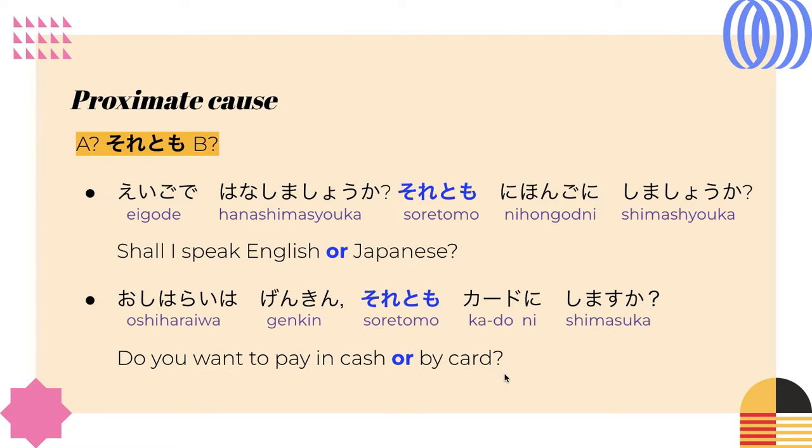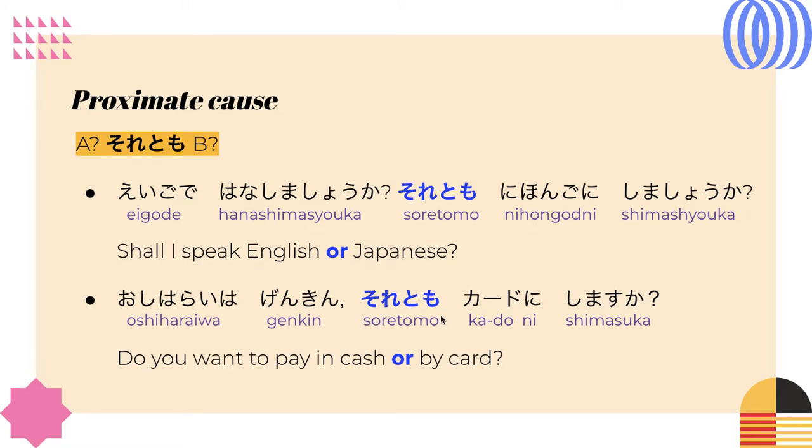To say this in Japanese, it will be お支払いは現金それともカードにしますか？ お支払いは現金 is phrase A. 現金 means cash.